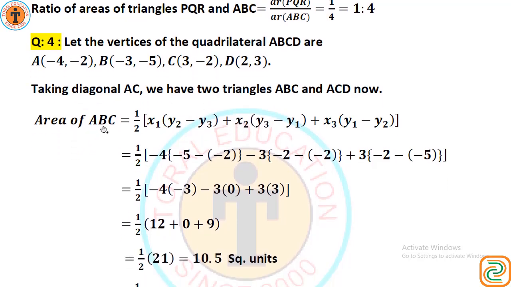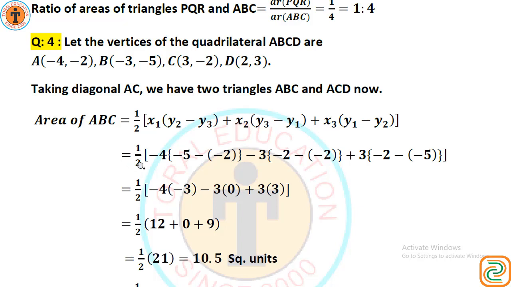So area of triangle ABC is half of x1 into bracket y2 minus y3, plus x2 into bracket y3 minus y1, plus x3 into bracket y1 minus y2.